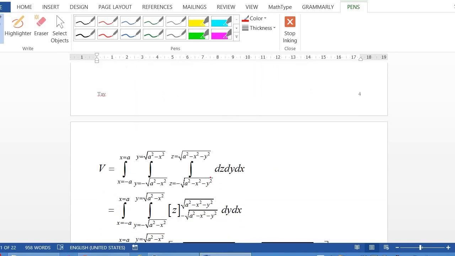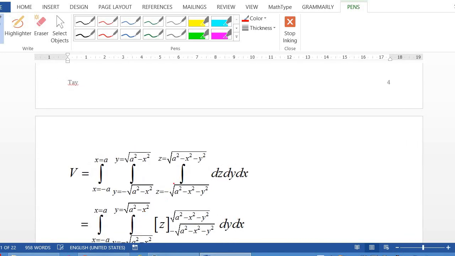Volume is triple integral of 1 dV, and dV we use dz dy dx. So z goes from negative square root of a squared minus x squared minus y squared up to positive square root of a squared minus x squared minus y squared, which is the lower hemisphere until the upper hemisphere.